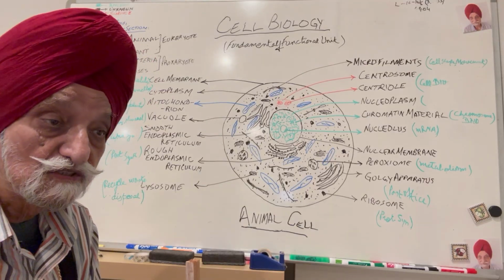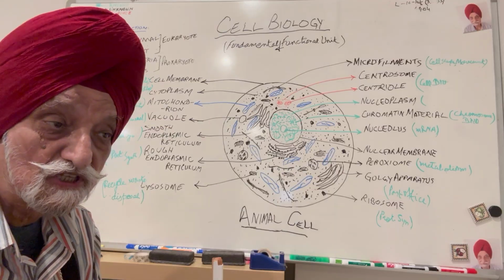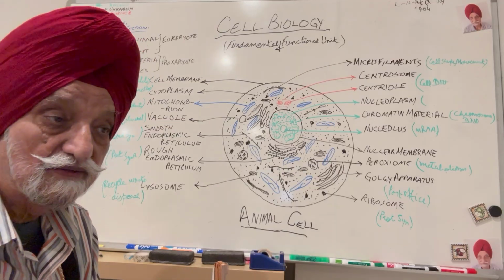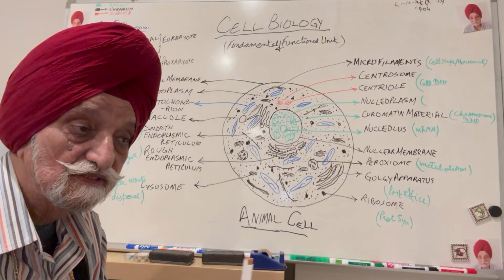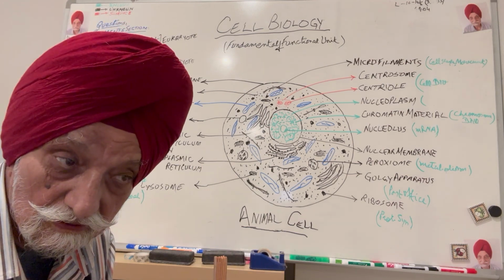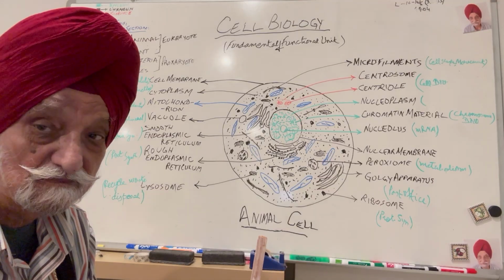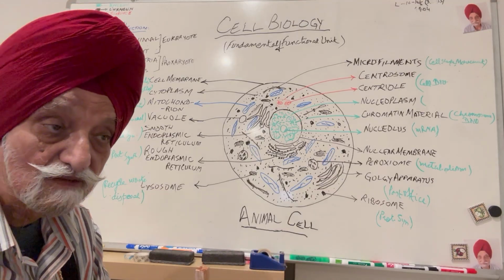Later on, Schleiden and Schwann developed the cell theory, and they said that the word cell is a misnomer. It should have been called something else. Now, why?